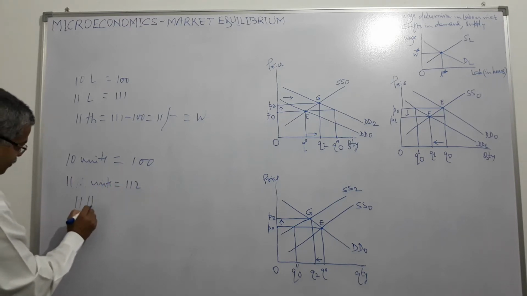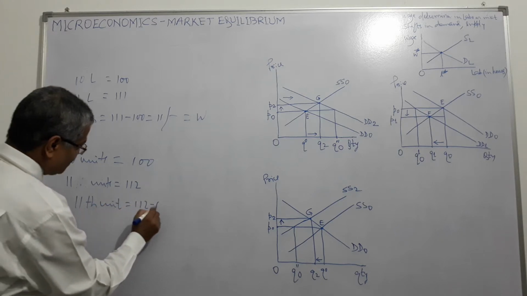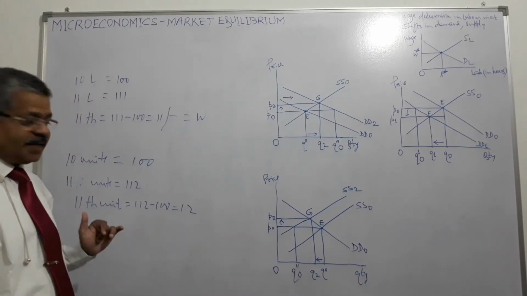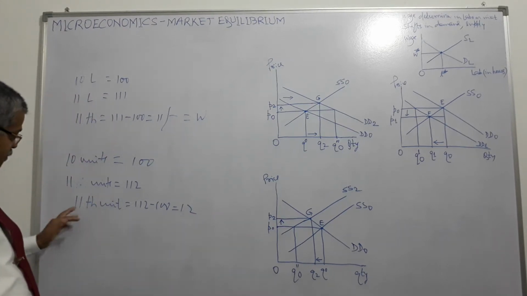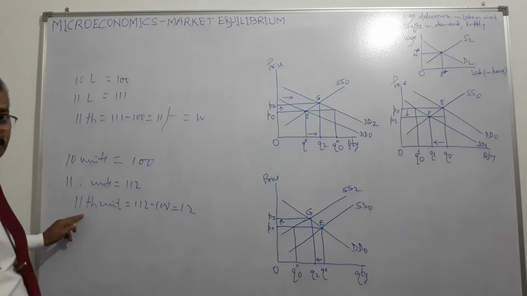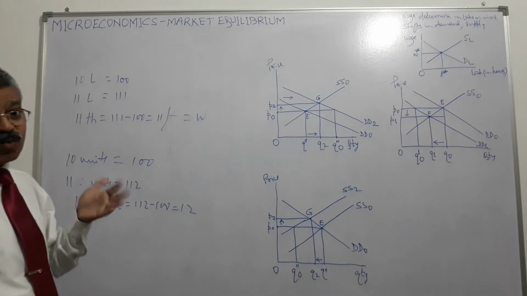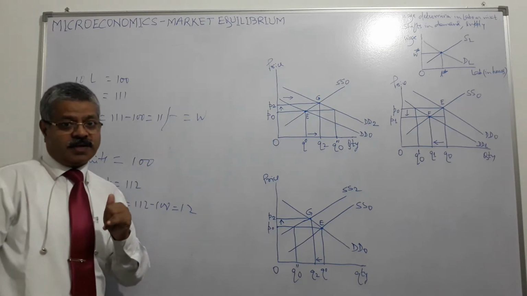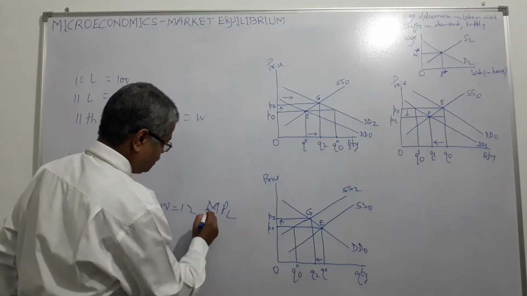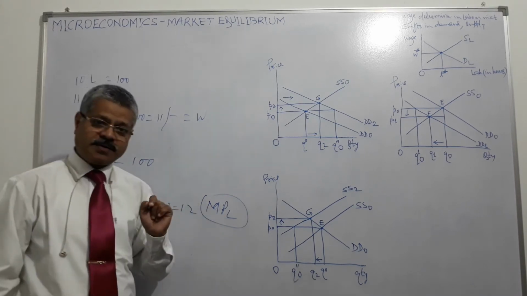So for the 11th, it is equal to 112 minus 100 is equal to 12, right? Extra output produced by one more unit of labor is its marginal product, MPL, marginal product of labor, right?